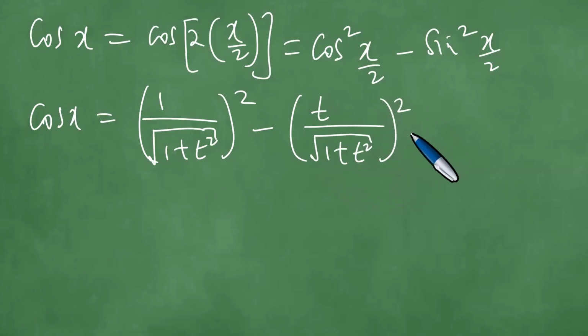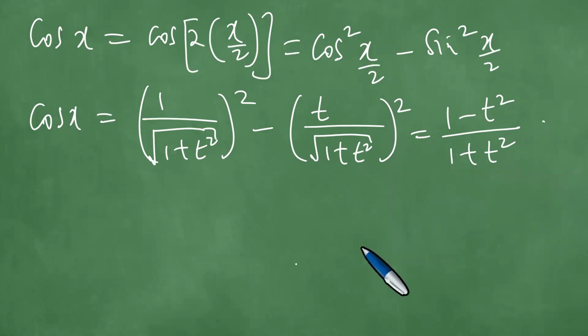We square this, which is 1 minus t squared divided by 1 plus t squared, like this. So this is the cosine of x. But now this is something that remains very important for us. But the tangent of x.